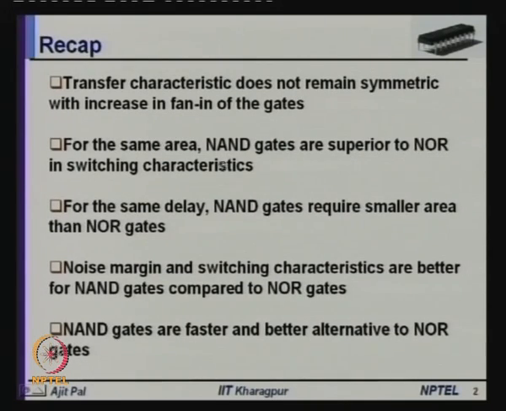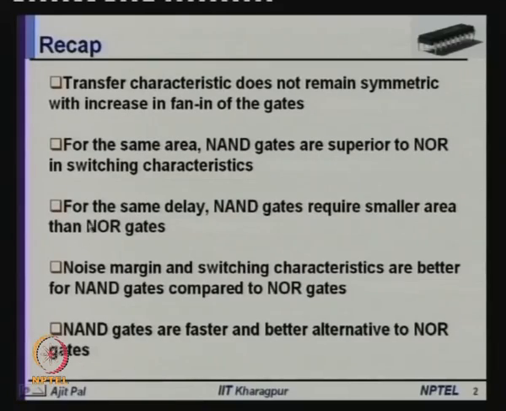Second, our observation was, for the same area, NAND gates are superior to NOR gates in switching characteristics. We have seen that if we realize gates with minimum area, then NAND gates are superior to NOR gates in terms of switching characteristics, of course, area remaining same.